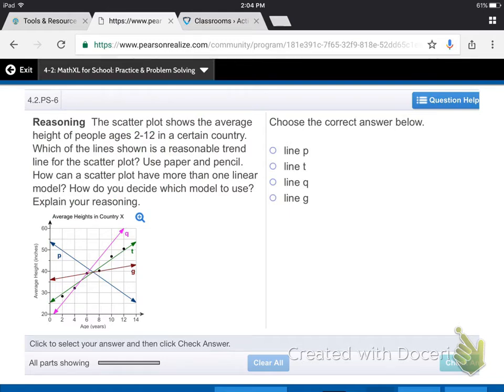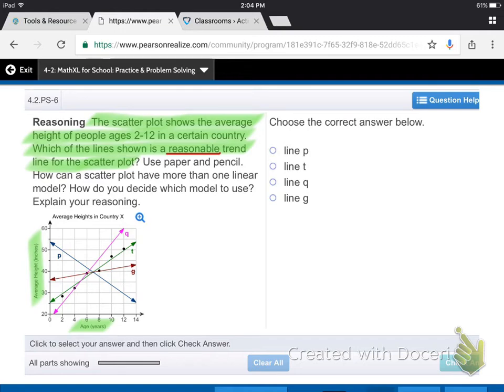Next problem. The scatter plot shows the average height of people ages 2 to 12 in a certain country. Which of the lines shown is a reasonable trend line for the scatter plot? The key word here is reasonable, meaning which line explains the height of people aged 2 to 12. Use paper and pencil, and you can do this in your notes. If age is plotted on the x-axis and average height is plotted on the y-axis, what would you expect to see?